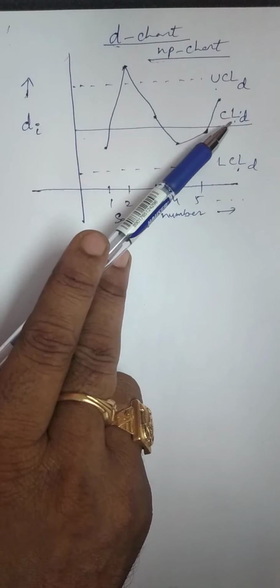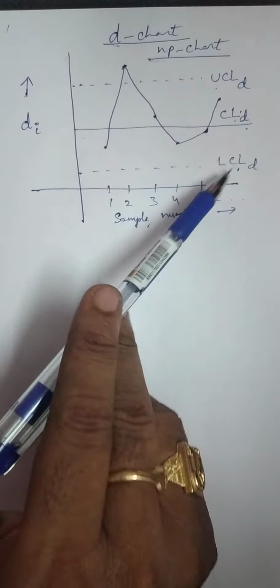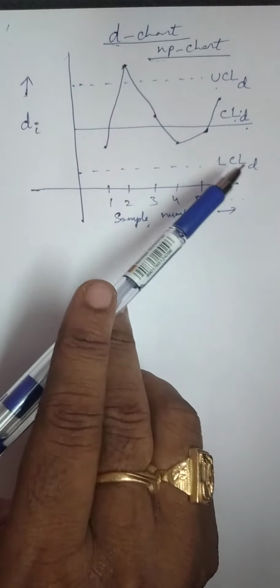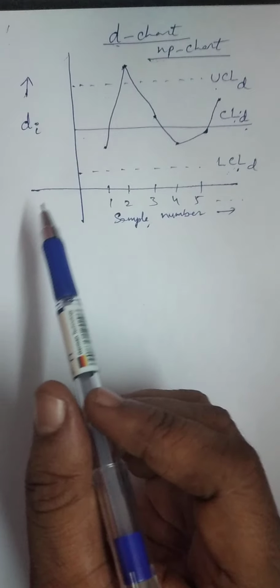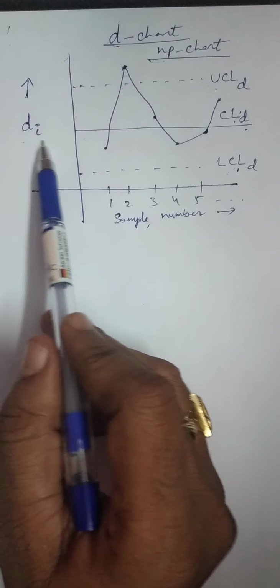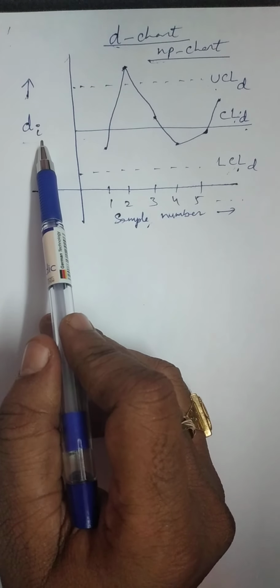CL is drawn as a bold horizontal line, and LCL and UCL are plotted as dotted horizontal lines. And then you have to take, one after another, the points, the di values.